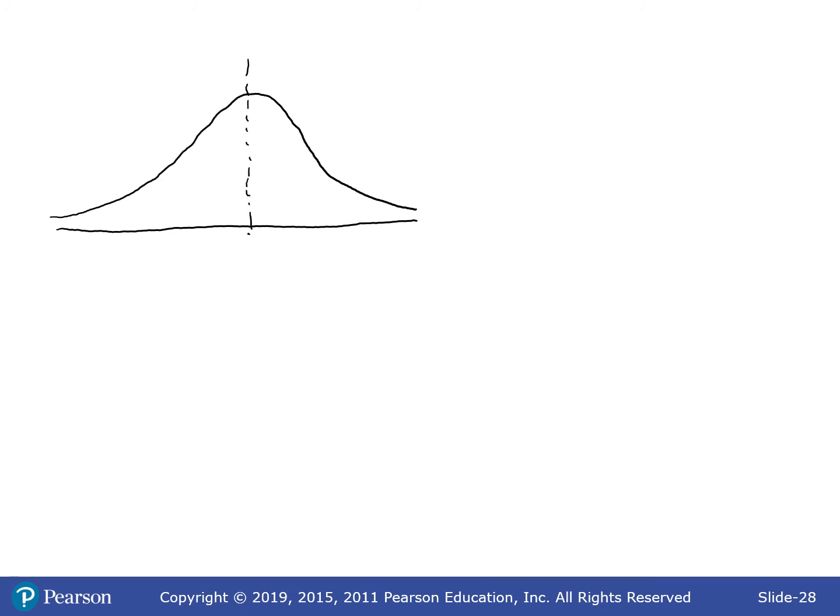And so what is this power, this type 2 error? What's going on here? So we have our population, but this is our null hypothesis. So this is p naught. And we go out 2 standard deviations.